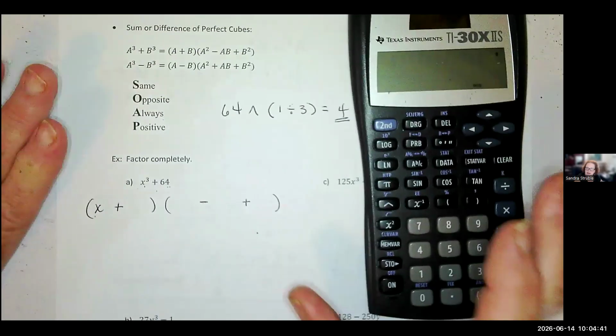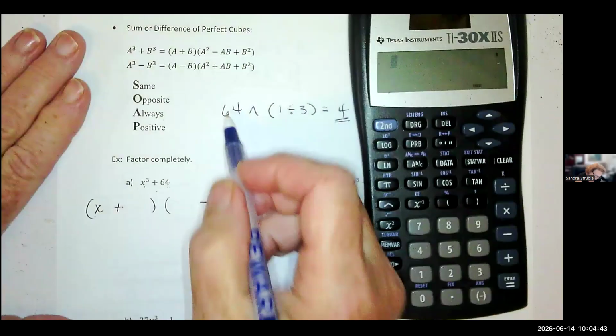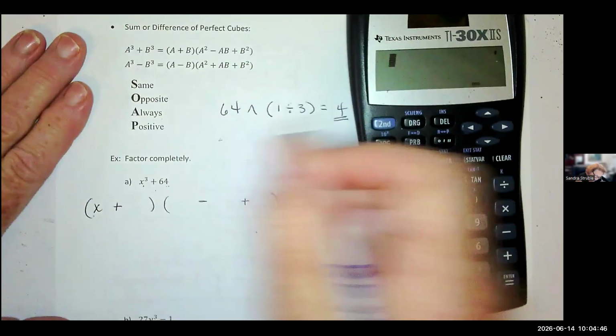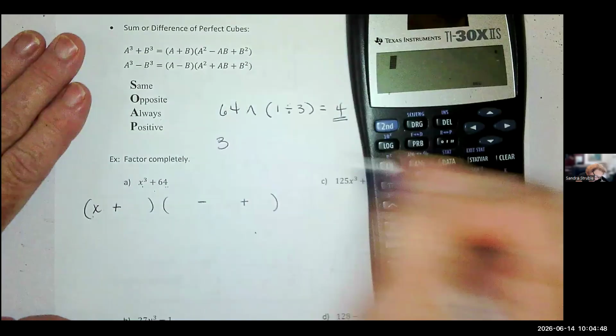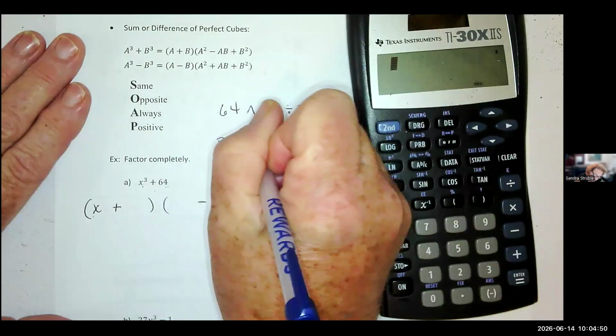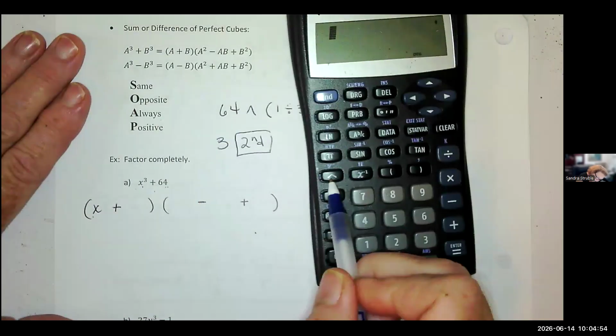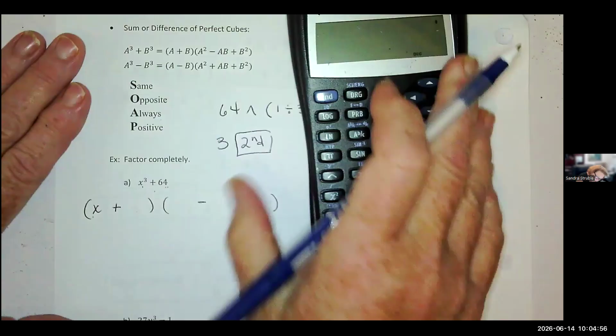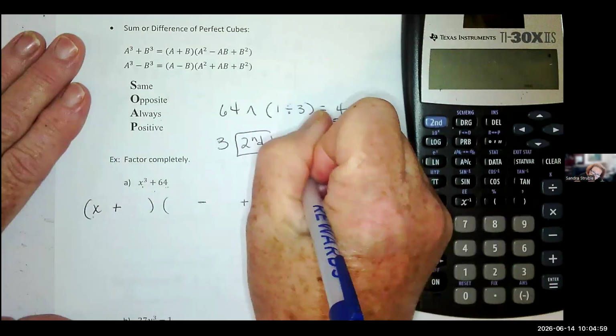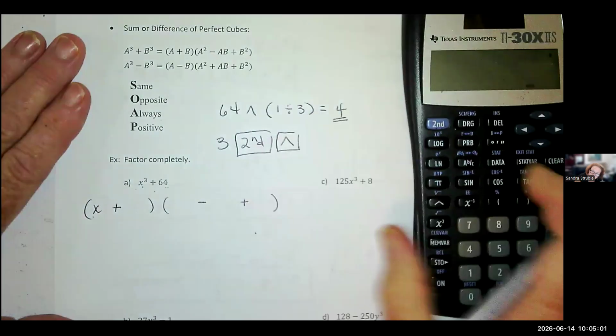So instead, I can type in my calculator 3. Then I have to hit the second key. I'm going to have to use my caret key to get to my X root. I'm just giving you the keys you're pushing. So 3, second, caret.